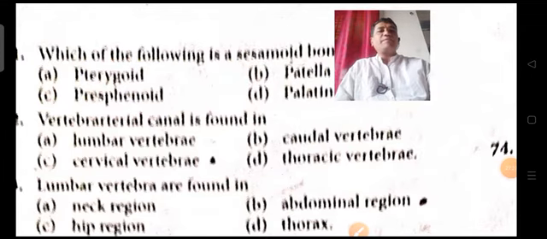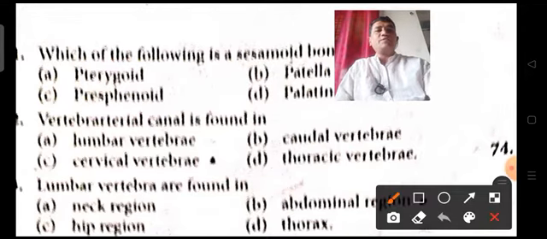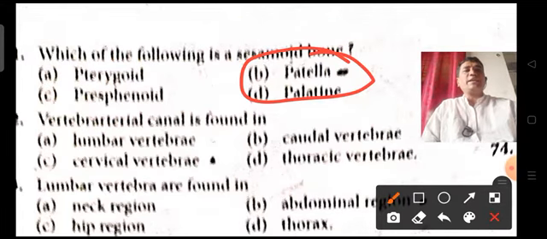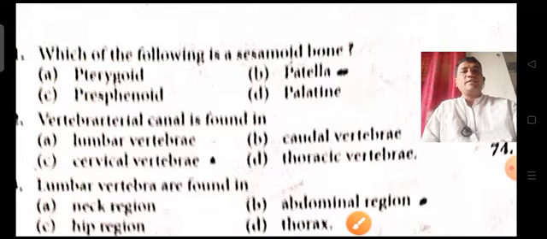So here the patella is formed because of ossification.